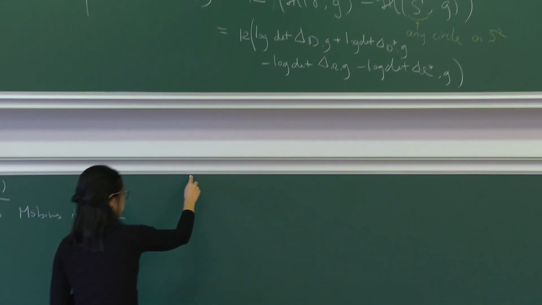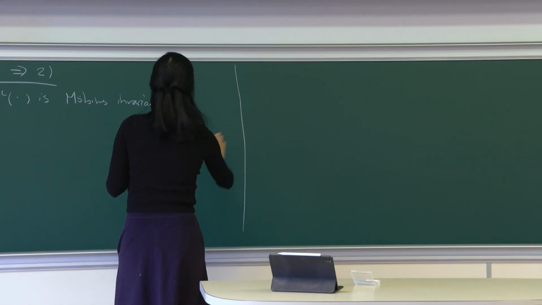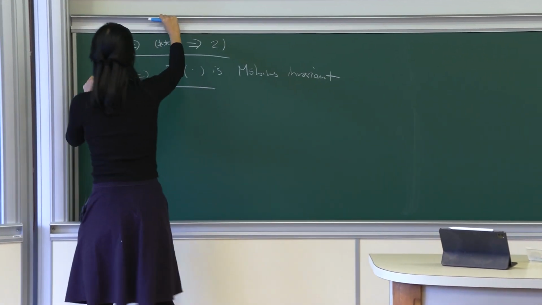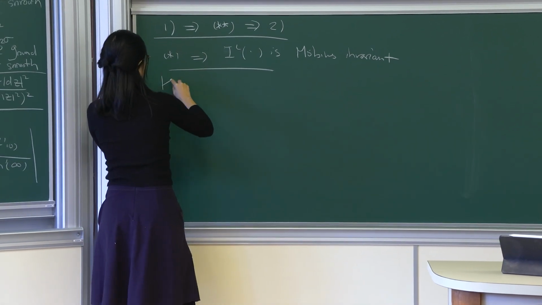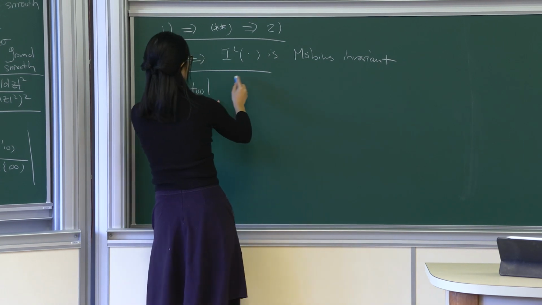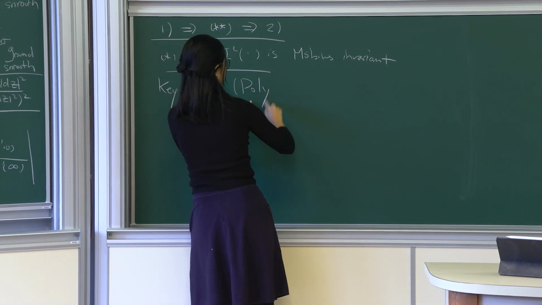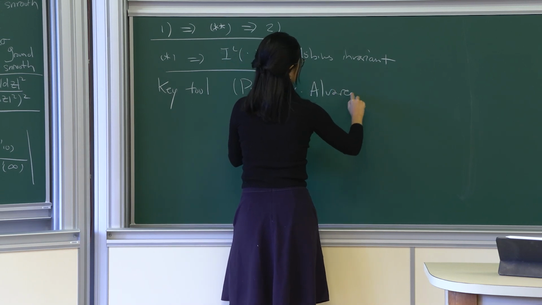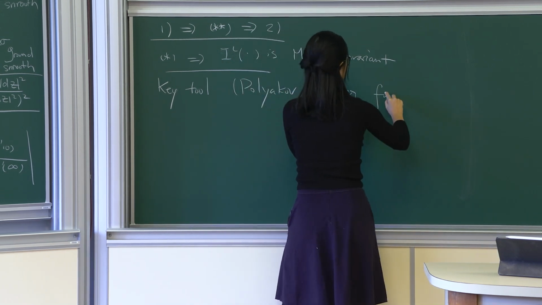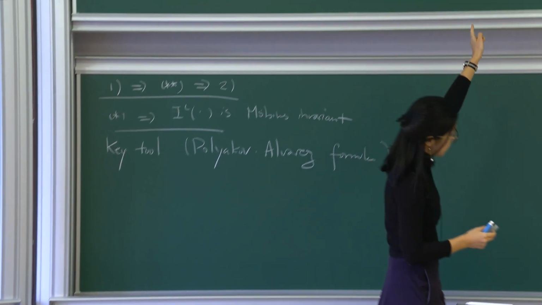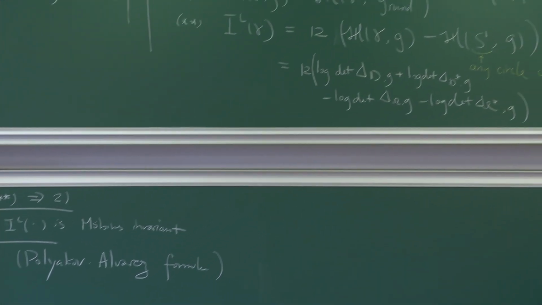And the key tool, right here, is called the Polyakov-Alvarez formula. I haven't told you yet how these determinants are defined.